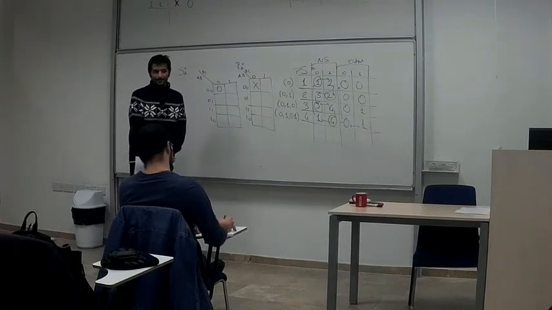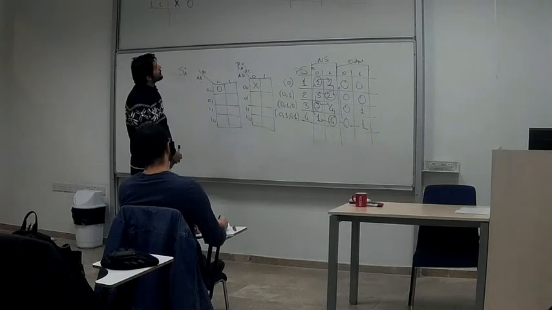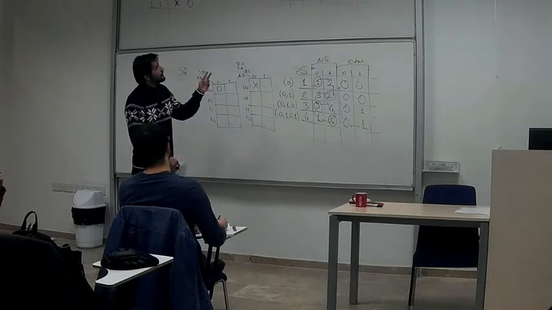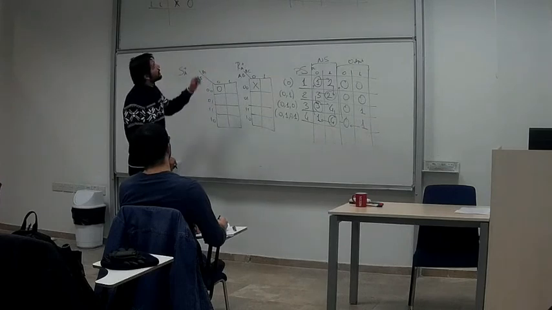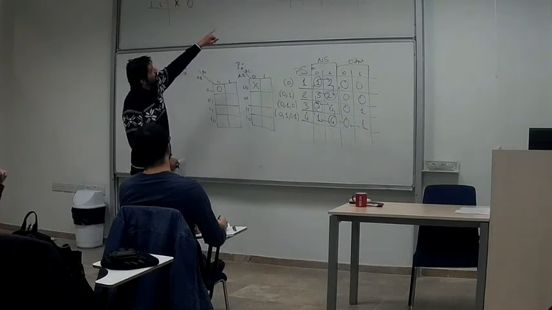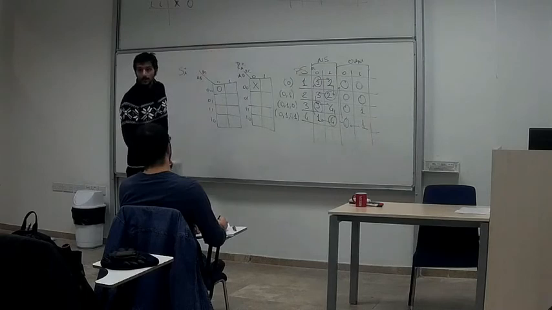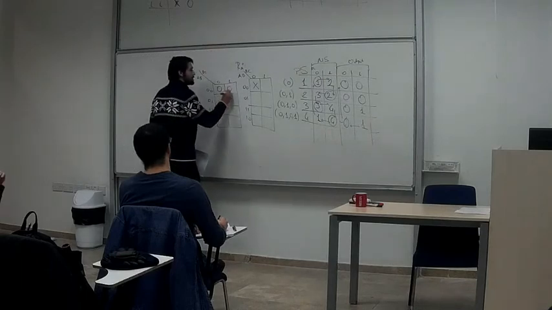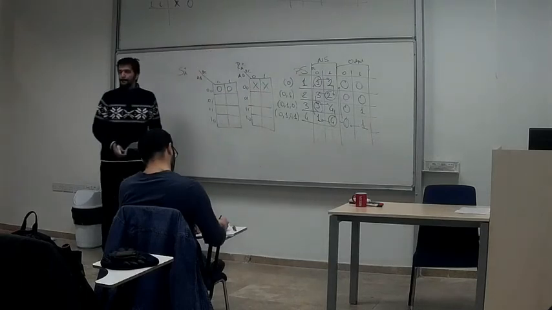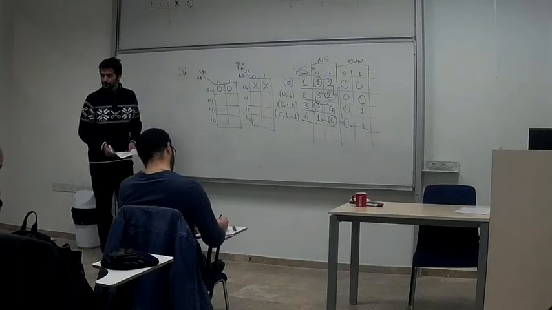How about the next one? Any volunteers? We had a 0 for A, which goes to 1 in one case, and which goes to 0 in the other case. Or let's continue with the first one. We had a 0. Again, it becomes 0. So again, it's a 0 X. How about the second one?